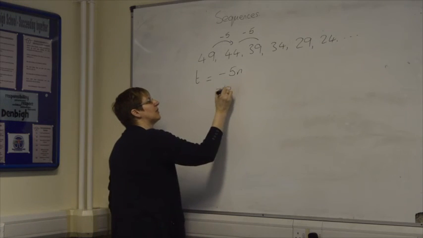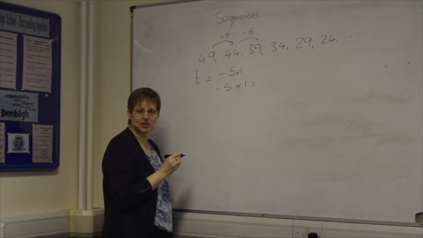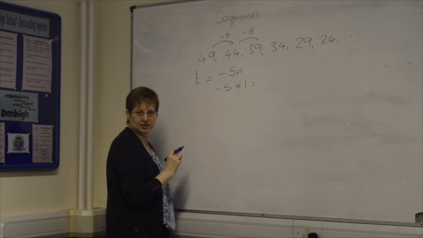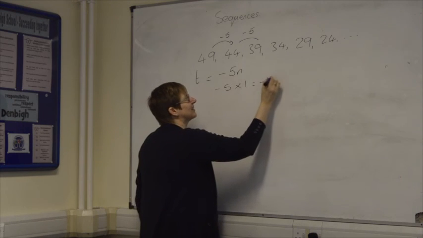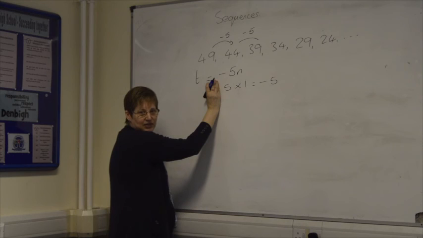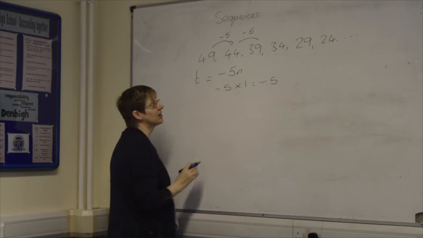It would be minus 5 times 1, wouldn't it? That would be the first number in your minus 5 times table. What would be minus 5 times 1? Minus 5. Thank you. If you think about it without the negative in, 5 times 1 is 5, isn't it? The negative just changes the sign of the answer, so it's minus 5.